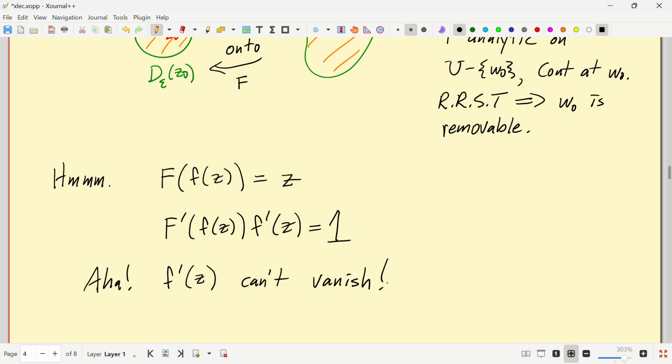I assumed that there was an isolated zero at z naught, but it can't be an isolated zero because I can apply the Riemann removable singularity theorem to the inverse. So that's why this is kind of a sneaky proof that involves something special about analytic functions, namely the open mapping theorem.